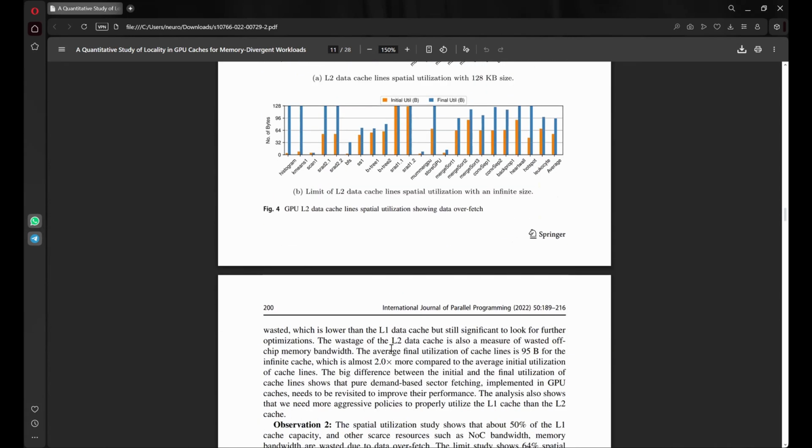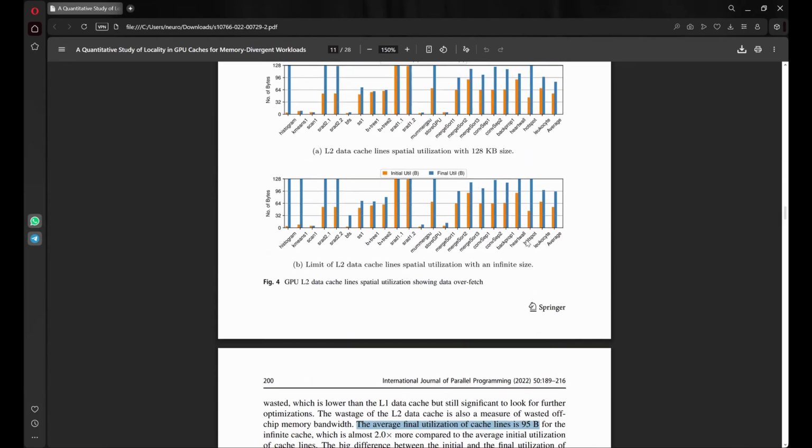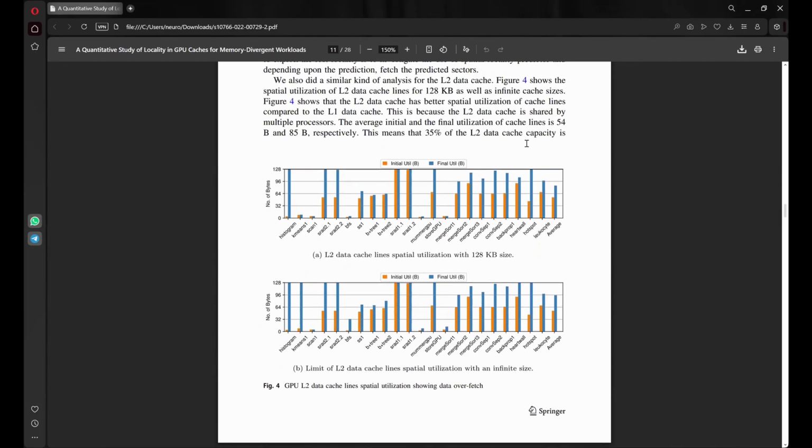They go on to say that the average final utilization of cache lines is 95 when they redid the experiment with infinite cache size, which is about 2 times as much as the initial figure, which is 54.